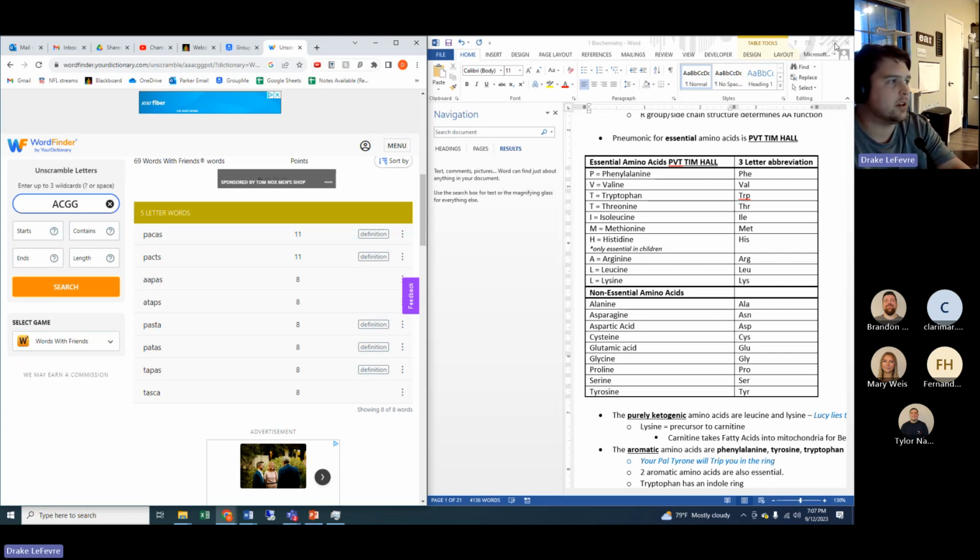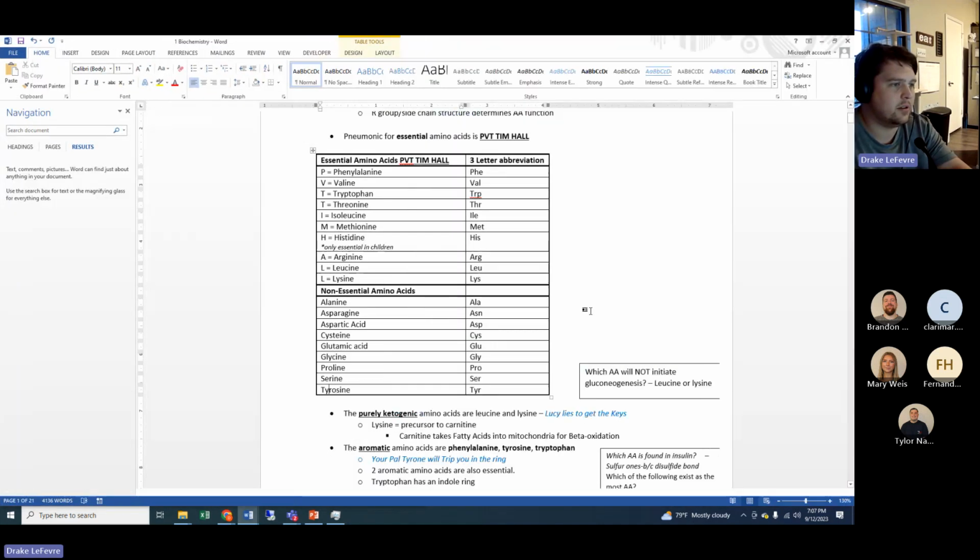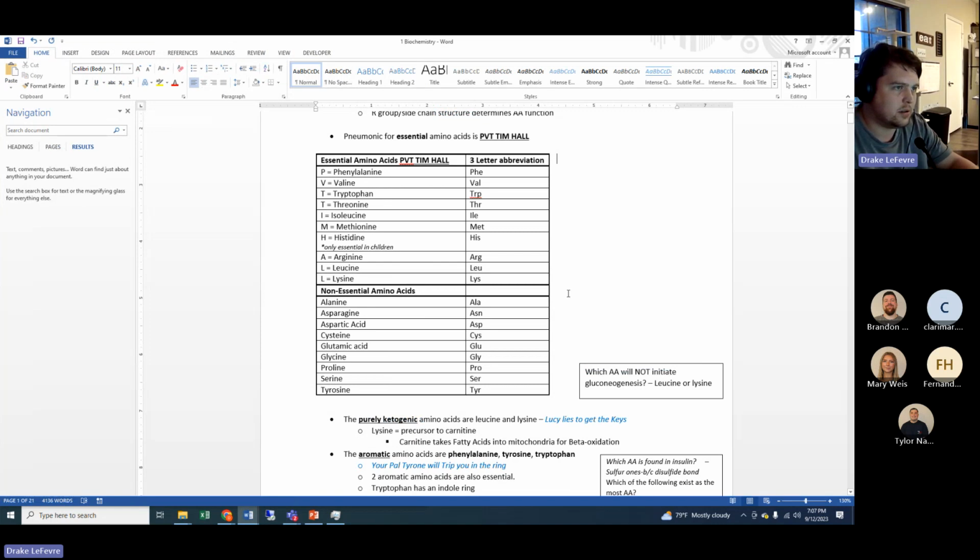It might be a little bit misspelled, but for our non-essential amino acids, pasta cage, and make some sort of mnemonic like that, and then practice it a couple of times.